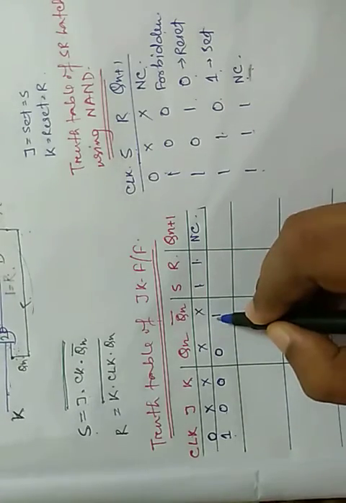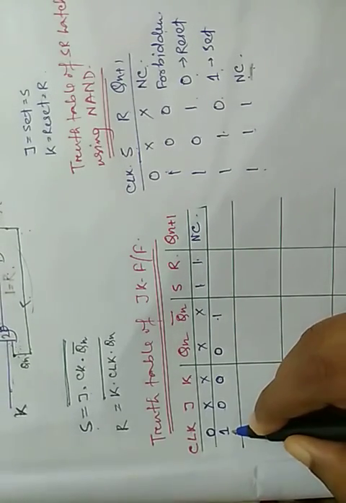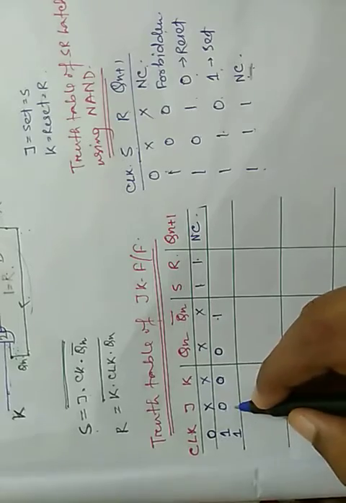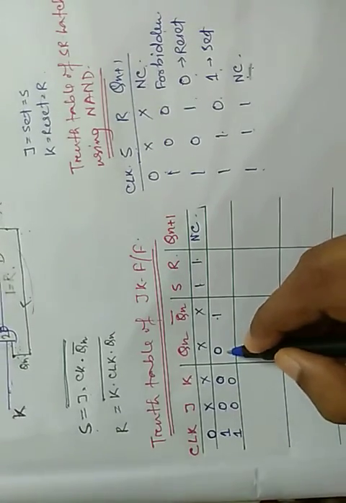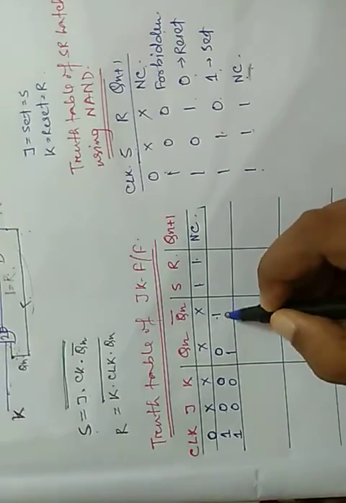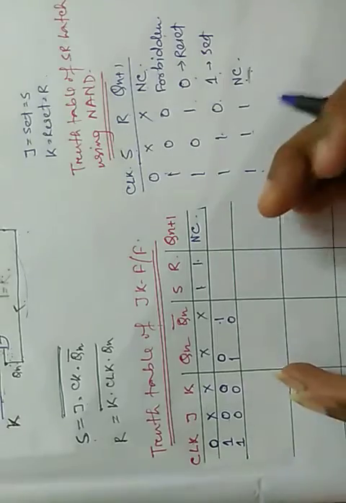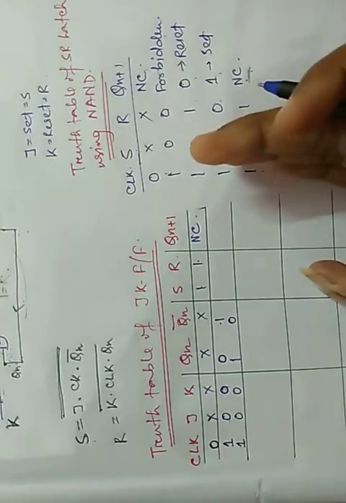This is the first condition to be checked. The second condition is when the clock is 1, J 0 and K 0, but Qn is 1, so Qn bar is 0.